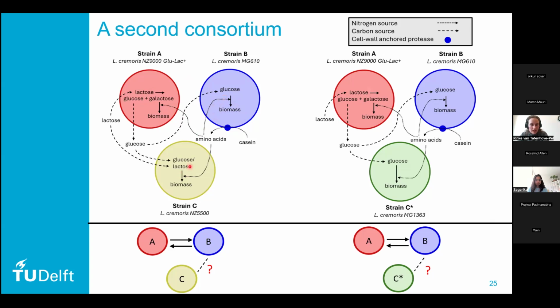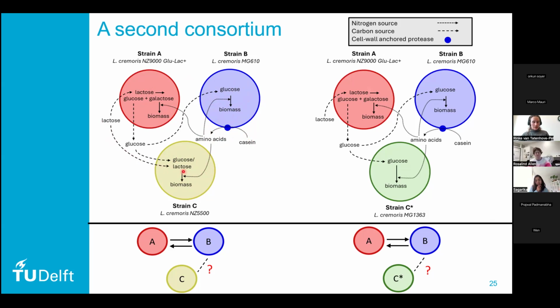But we also saw that when we have B and C together, only C is growing. And what we think is happening there is that we have a certain amount of B present in the beginning. It hydrolyzes the casein to make these amino acids. These amino acids can be used by this strain together with lactose to grow.